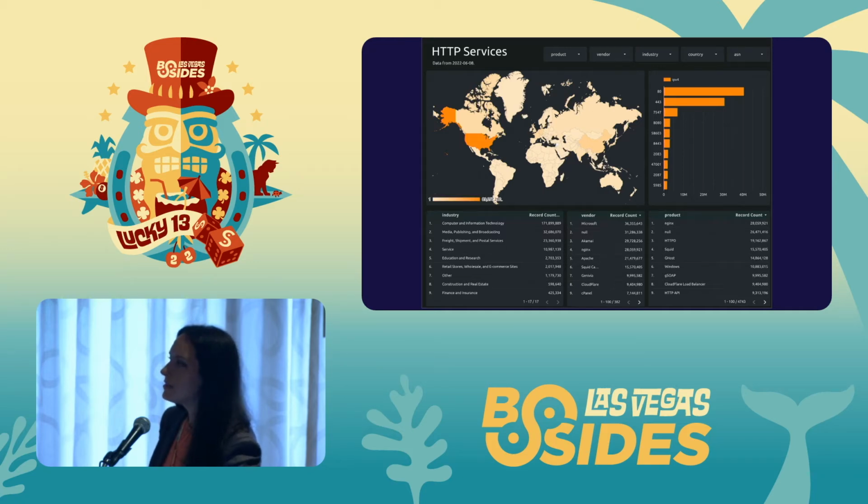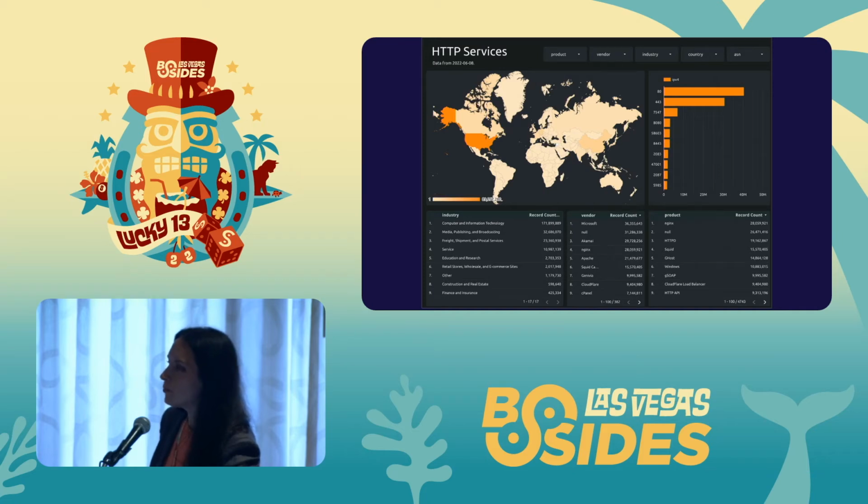So this map here in the top left represents where HTTP services run just by counts. You can see that the US, obviously, we have a ton. China and Germany, it's a little hard to make out with the magnitude of the US, but also quite popular there. In the top right is just the distribution of ports where we see HTTP run.